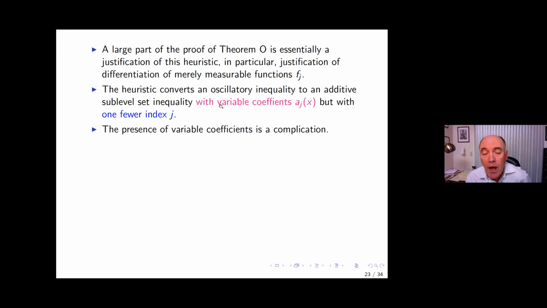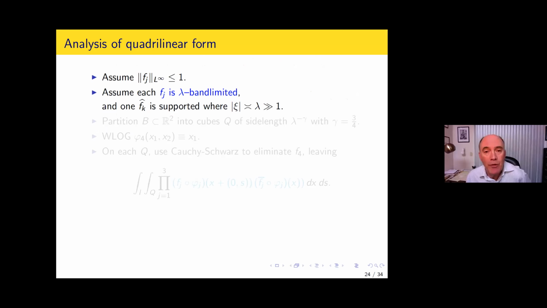Okay, so now I'm going to start by trying to explain in a rather gross outline how the reduction goes. So I'm going to assume that all my functions are in L infinity and have L infinity norms bounded by 1. So I want to bound in terms of a negative power of the parameter lambda. Okay, I'm going to assume that each of my functions is lambda band limited.